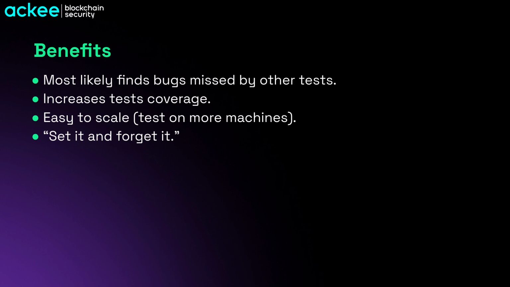The next point is that fuzz tests are usually easy to scale. Often it is possible to test on multiple machines, for example, with the same fuzz test or having different fuzz targets. And another benefit mentioned here is the so-called set it and forget it.